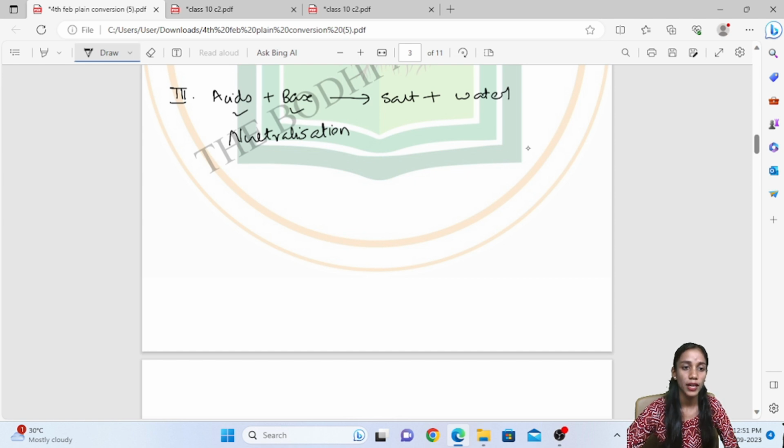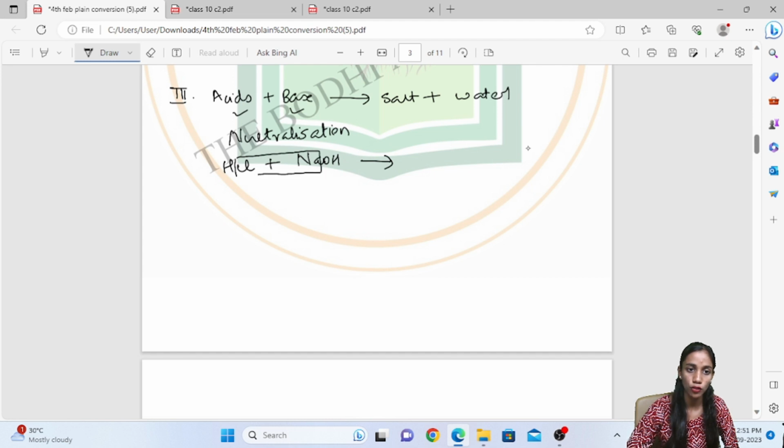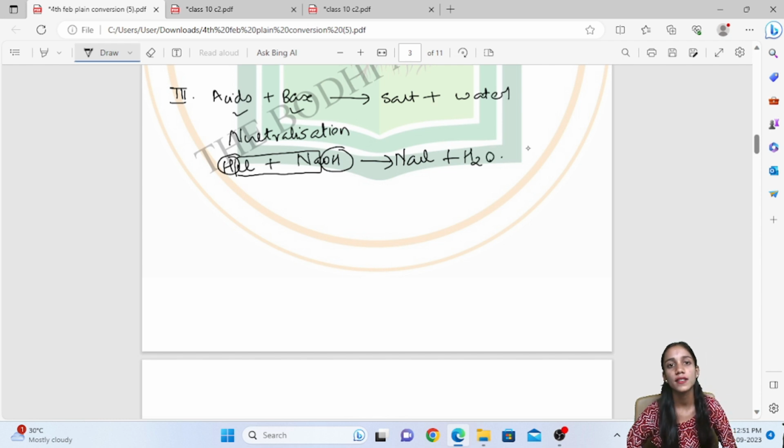We will take the example of the famous reaction, HCl plus NaOH. The Na and Cl will combine to form a salt, which is NaCl, sodium chloride, and this will form water, which is H2O. So acids and bases react with each other to form salt and water.